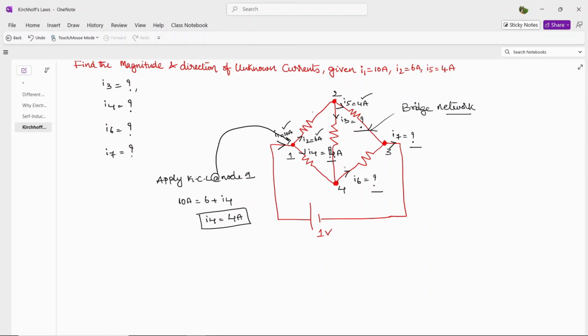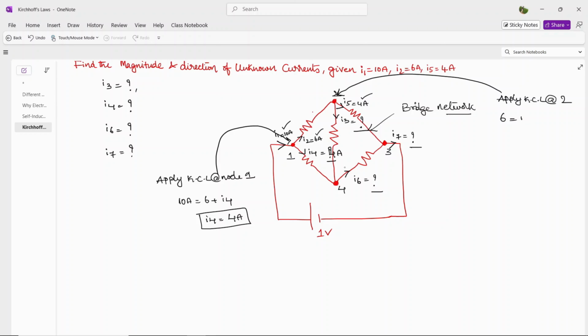Next, this is known. We need to know this current. That's why we'll apply Kirchhoff's current law at node 2. So what are the entering currents? 6 amperes current is entering the node and it is leaving as I3 and I5.